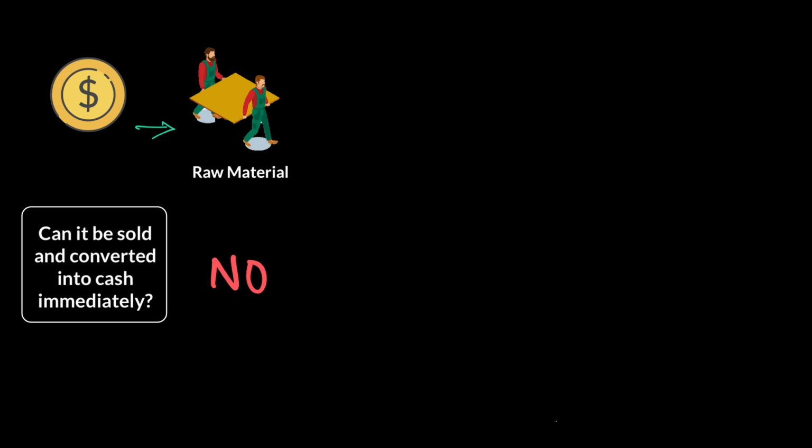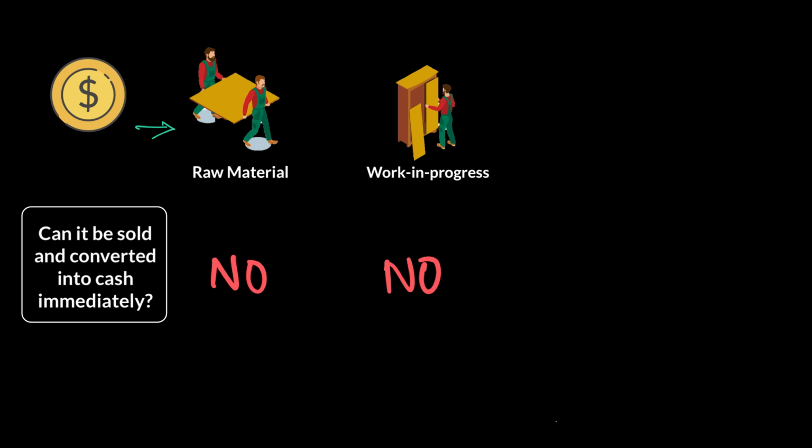Okay, then let's say we start making it, but it's still only half done. It's still a work in progress. Can you convert this into cash? Of course not. You wouldn't take a table without its legs, right? You would want the whole thing. So even this can't be converted into cash just yet. Now, let's get to the finished good.